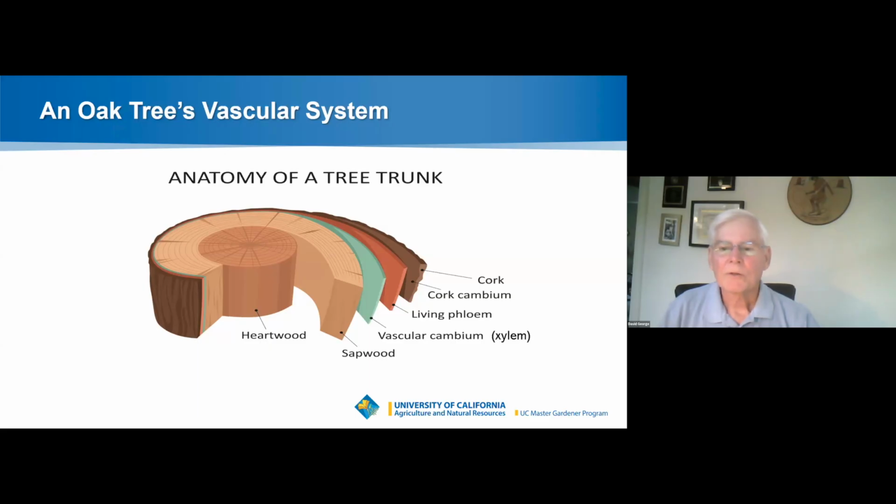So the anatomy of a tree trunk, this is how the tree manages to sustain itself, of course, and to keep itself straight up. So from the outside in, an oak tree's bark is thick and cork-like. In fact, the cork oak in Portugal and Western Spain has for hundreds of years been used to produce the corks used for wine bottles.